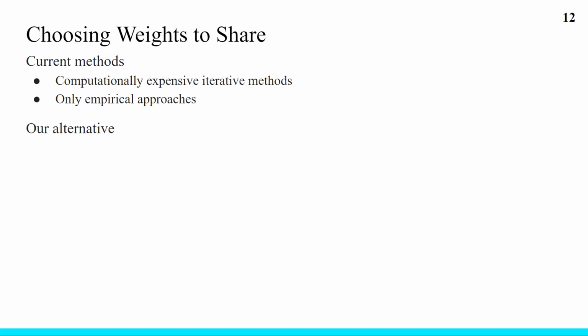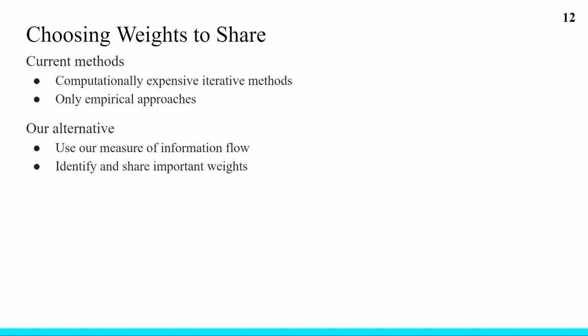Similarly to pruning, what I suggest here is that a better approach is to have some measure of importance like information flow, and use that to identify which of those past frozen weights or knowledge are important and useful for the current task. That potentially might save you the need to do these search algorithms.